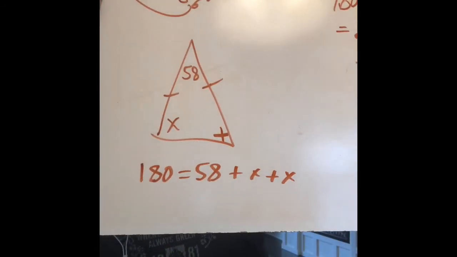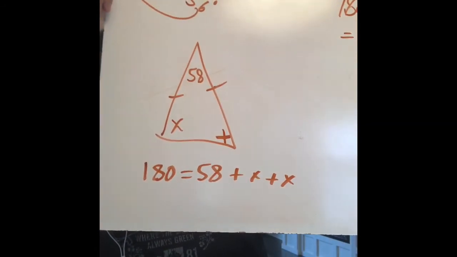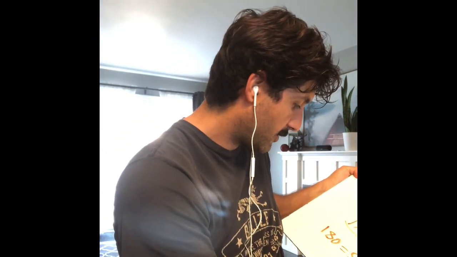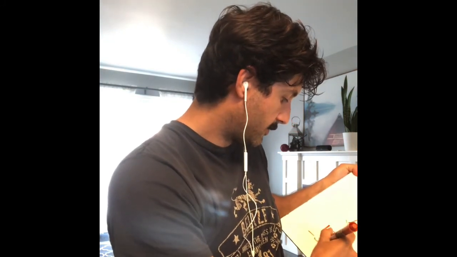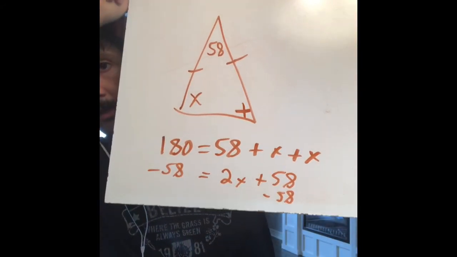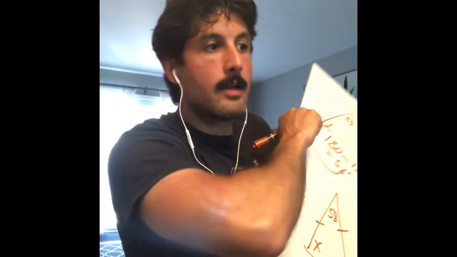Collect like terms, you end up with equals 2x plus 58. Subtract the 58 from both sides. So I collected like terms and subtracted the 58. And then I divide by 2. Either way, my x is 61 degrees.